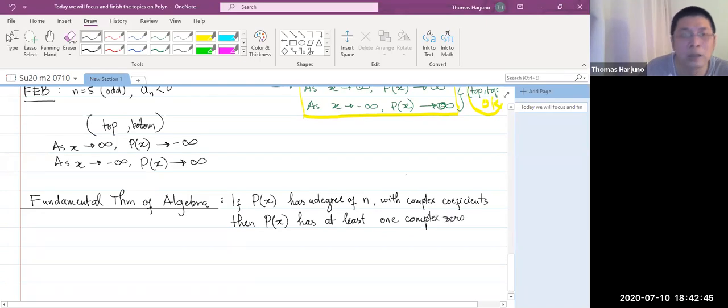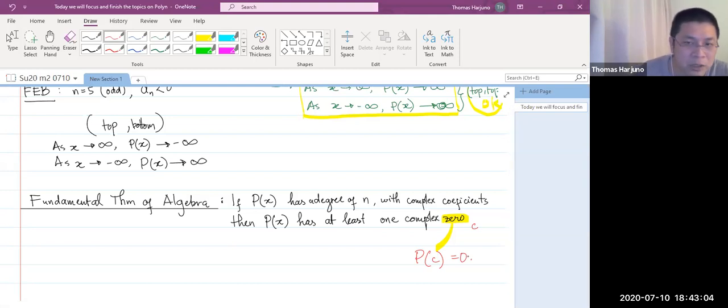Now, don't forget, at our level, when we say a zero of a function, if the complex zero of that polynomial is c, it means P(c) equals 0. It doesn't mean x equals 0, no. x can be 3, but P(3) equals 0, that's why we call that a complex zero.